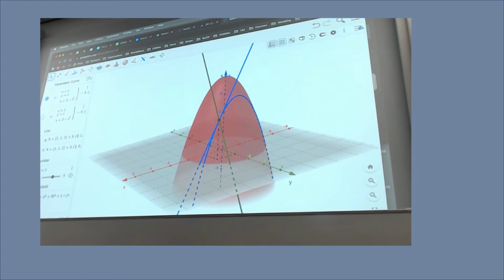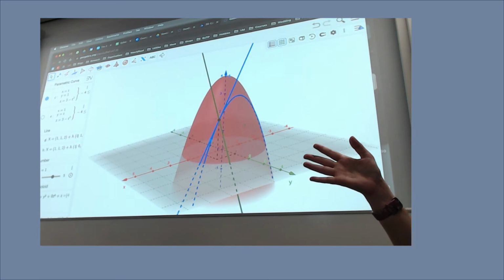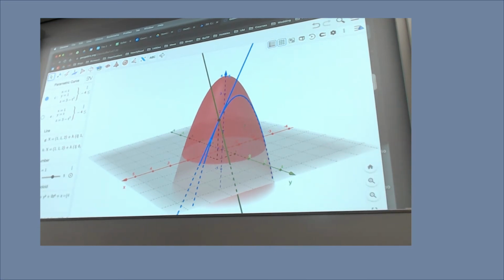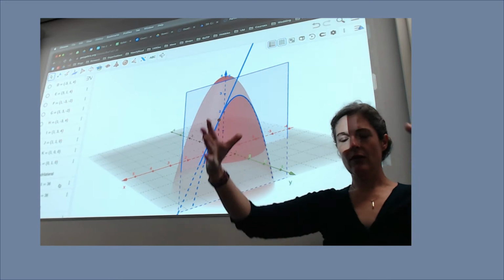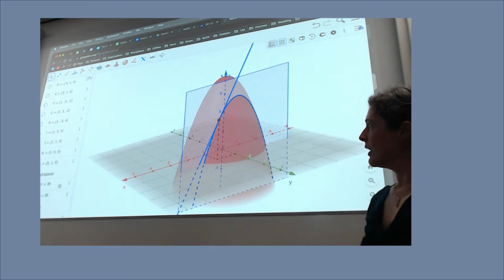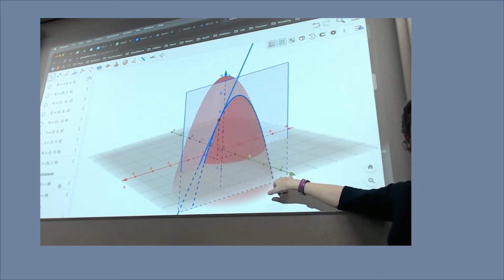Okay, so what we're going to do, and I'm going to talk it through here and then show you on the iPad, is we're going to start by saying, okay, let's specify some directions in which we look. We're going to take our surface and say, I'm going to hold y constant.